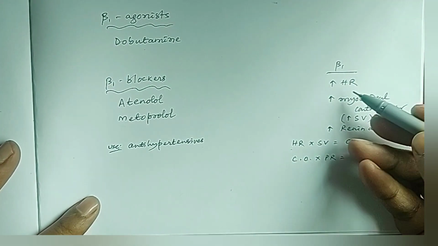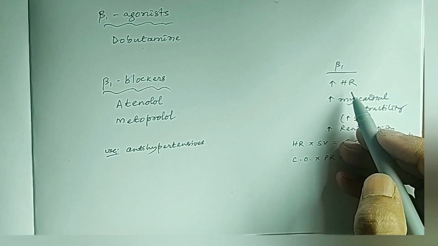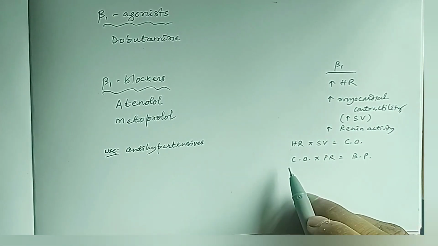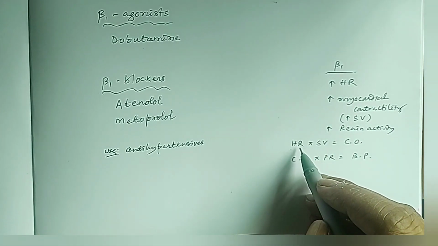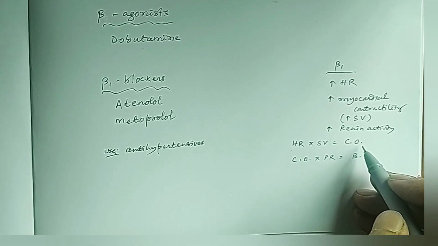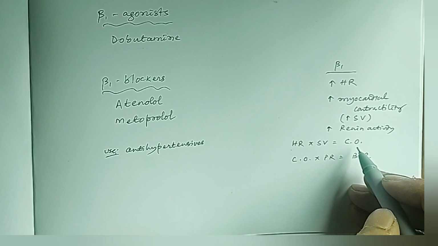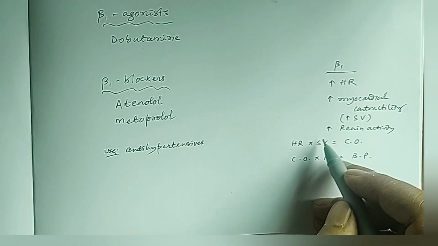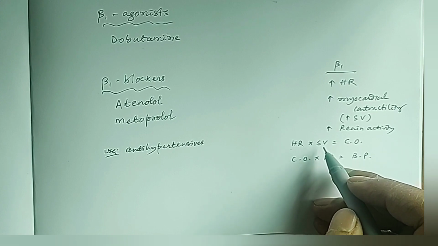In heart there will be increase in heart rate and increase in stroke volume, and as you know, increase in heart rate and increase in stroke volume will result in increase in cardiac output, because heart rate into stroke volume is cardiac output. Stroke volume is the volume of blood ejected by heart per stroke.